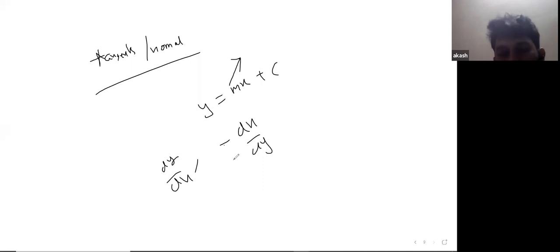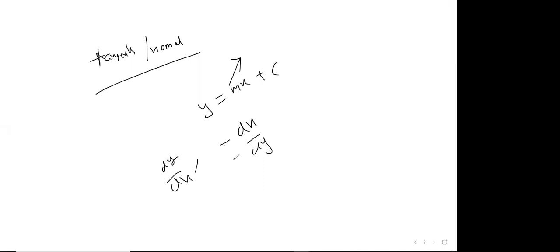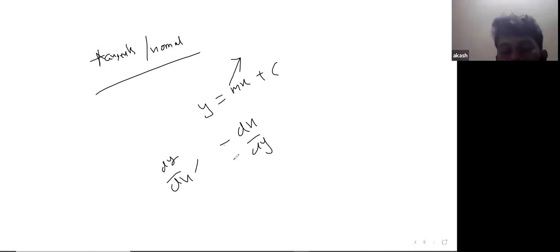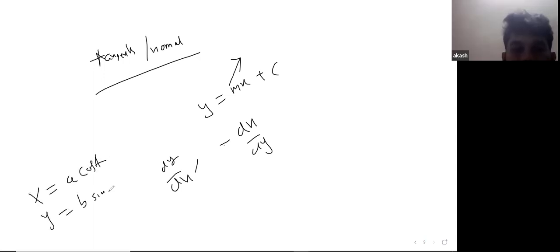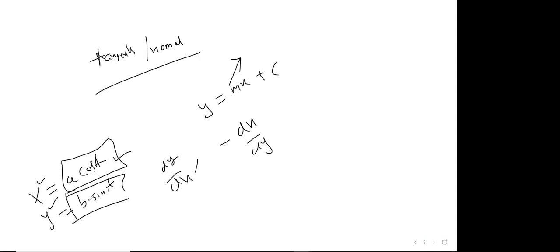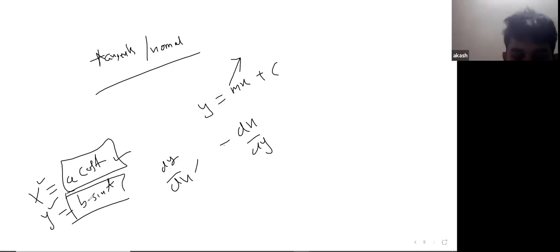And always use parametric equations in this. If you take any point like that, then use the parametric form x equals a cos t and y equals b sin t. Don't take just x and y. All right. So we can move forward with this also.